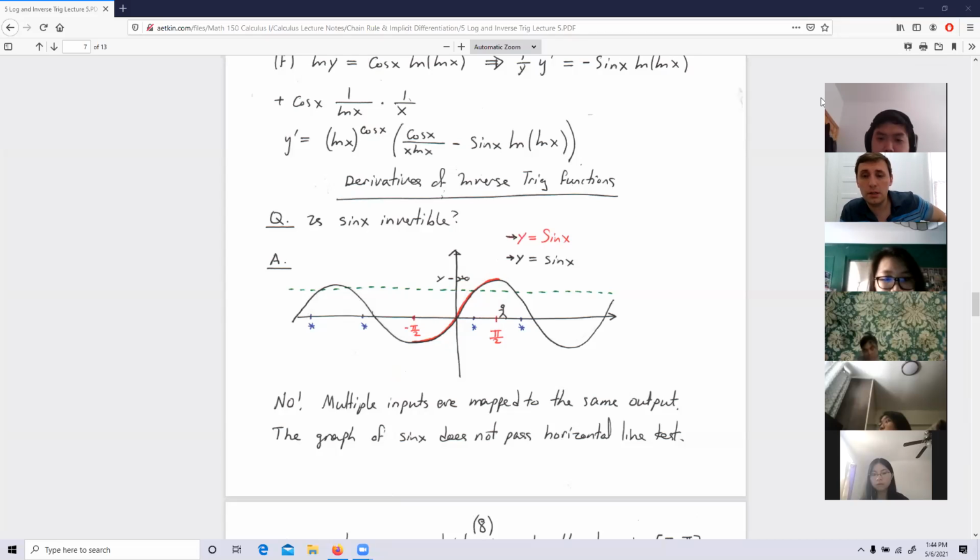Do you understand? If I additionally say that my input that produced this y came from minus pi over 2 to pi over 2, that means that input is reversible. It's in one-to-one correspondence.